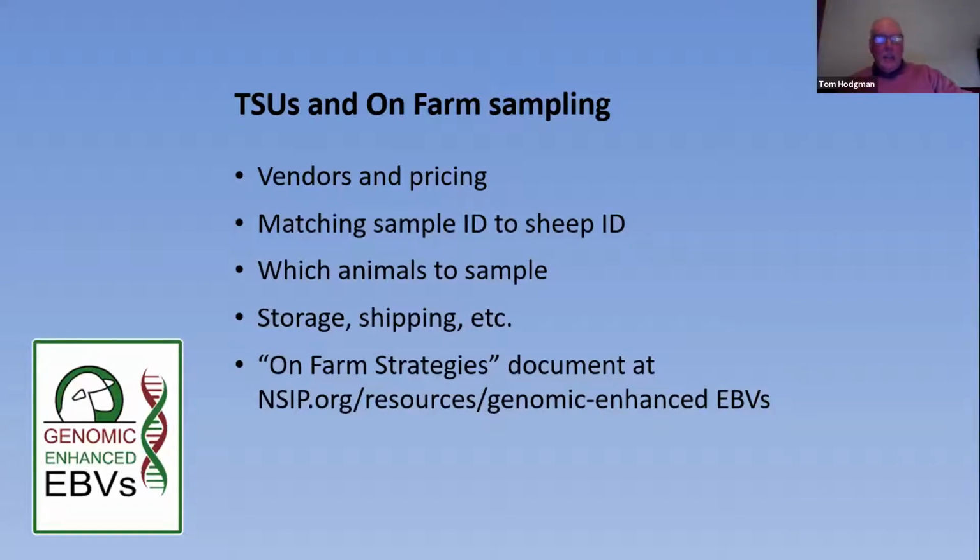It gets back to John's question about these older ewes. I think, and this is just my opinion, and I don't know if there's a wrong answer or a right answer here, but if you had some grading up ewes that were really the genetics you were after and you really have stumbled onto something, I wouldn't hesitate to sample them.